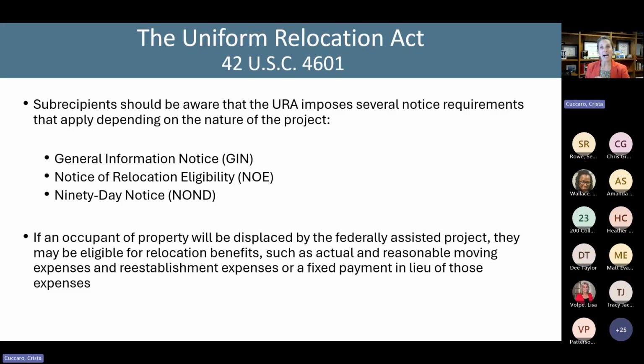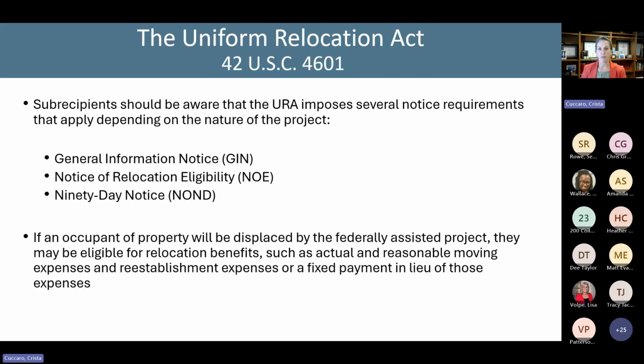So the first notice that we have is the general information notice. Like I alluded to earlier, this is providing notice to people that they may be displaced. As a project's taking shape, it could be the case that the exact nature of the impositions on the property aren't known, and so we're giving them notice that they may be displaced. But once it becomes clear that a person is going to be displaced, then we have to give them additional notices, right?